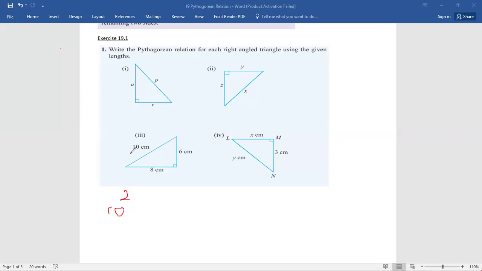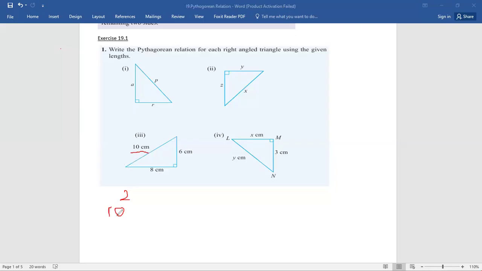So if you are going to write down the full answer for this one, you need to first identify your hypotenuse. So your hypotenuse is 10 centimeters in length.